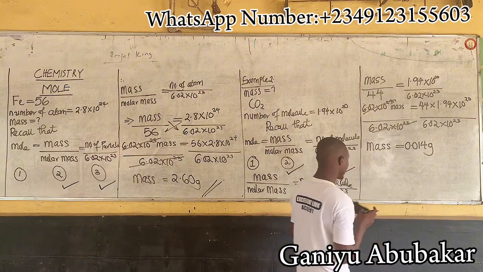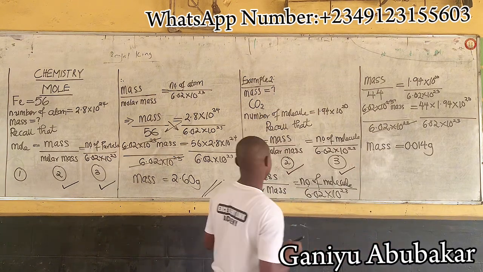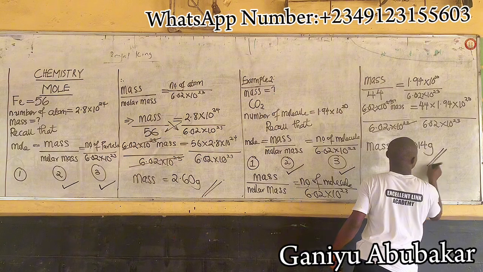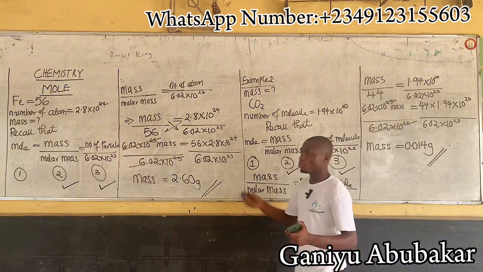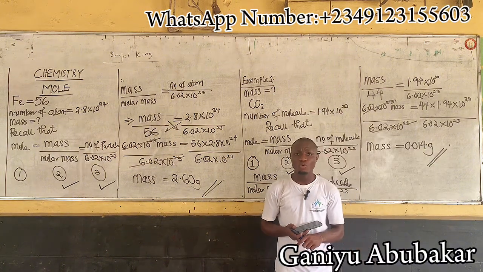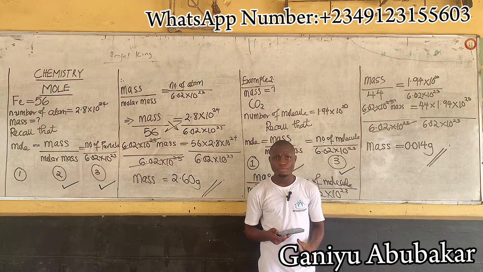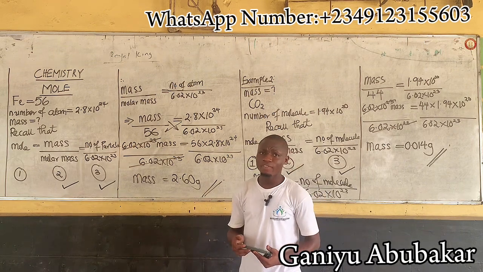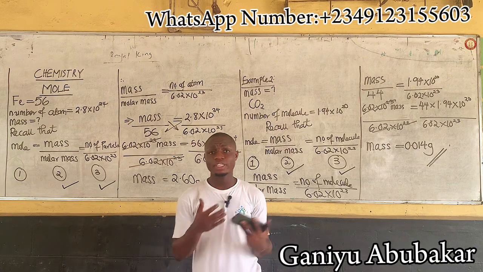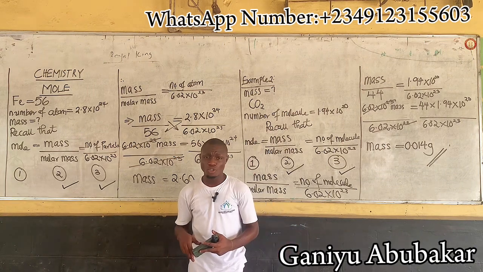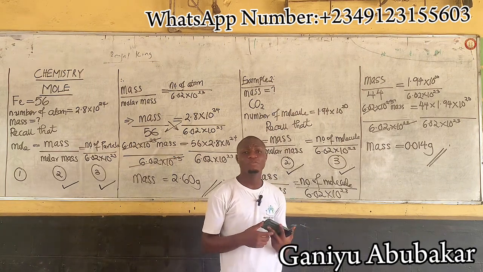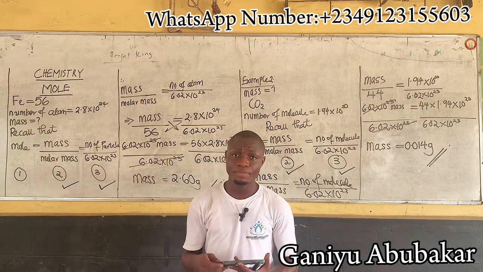So this becomes my answer to this particular question. This is how I solve problems under the mole concept. Let me give you several assignments to do, and then you leave your answer in the comment section below. I'll reply to you if you are wrong or correct.